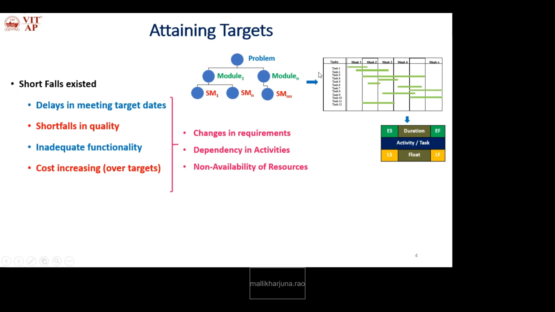According to that schedule only we will work and finish the tasks. Whenever changes are suggested, it may affect the existing functionalities. Okay, so the quality may change. When the quality is changed, the schedule is violated.